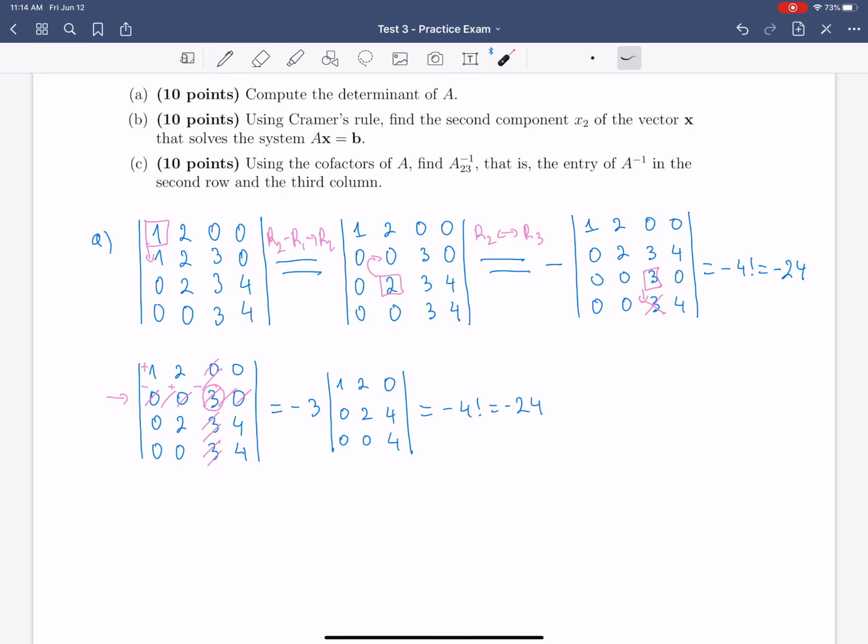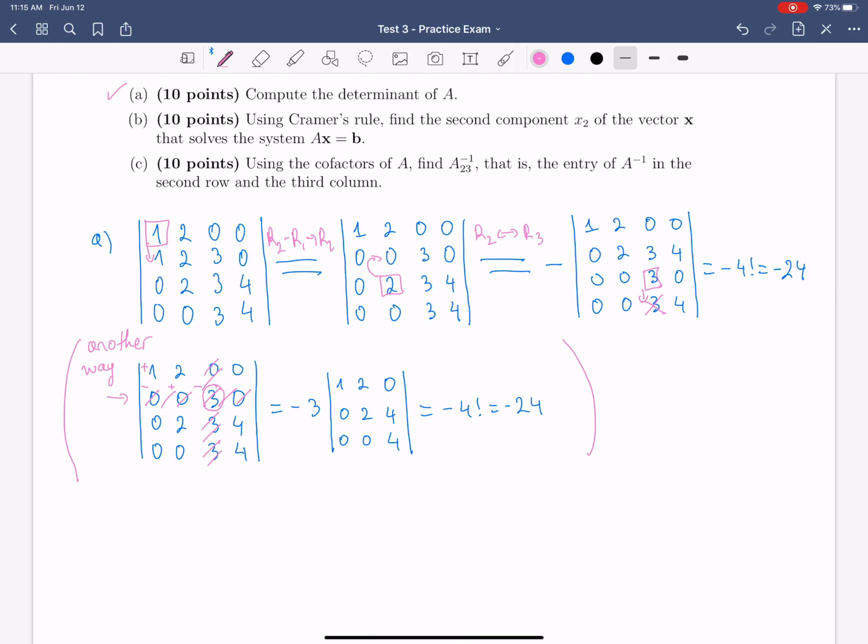Many ways to get at the same thing. So I could have, instead of gone here, I could have just gone here and then write the answer. Anyway, both are acceptable. This is just another way to keep in mind. Okay, done with part A.